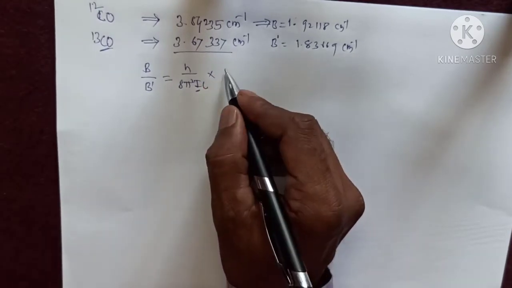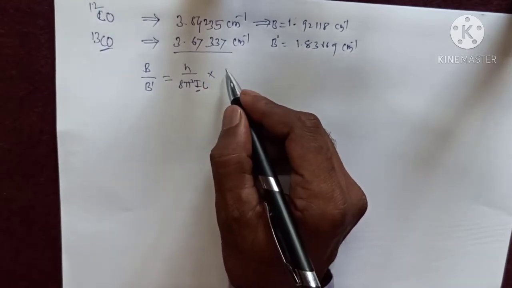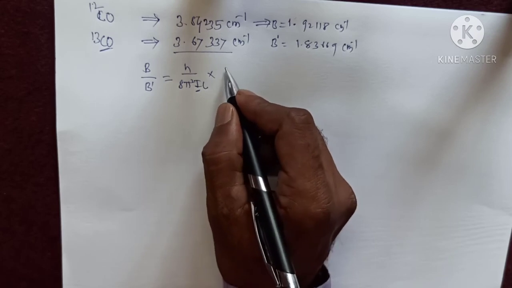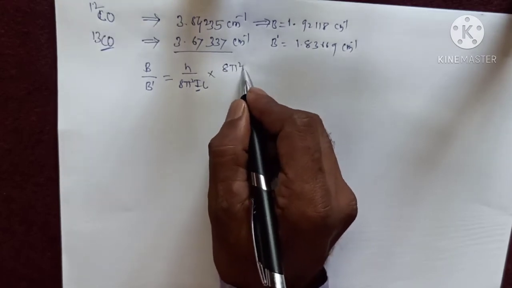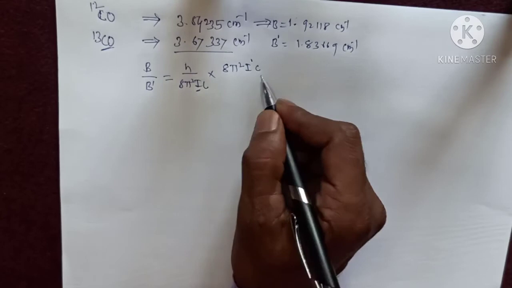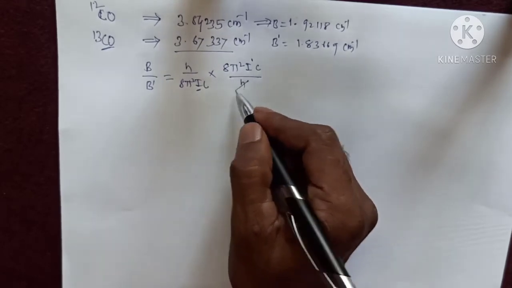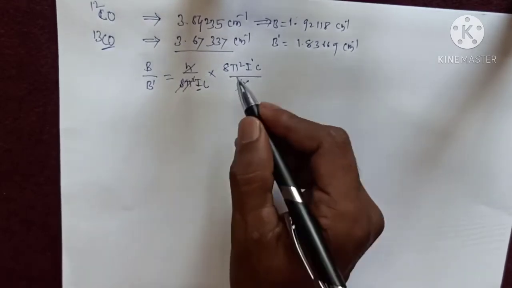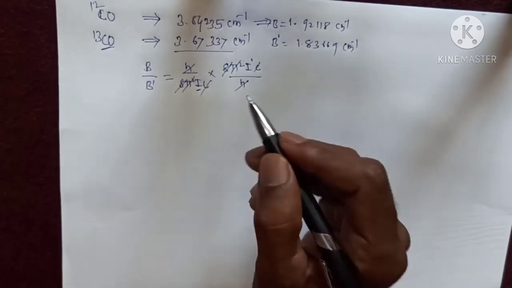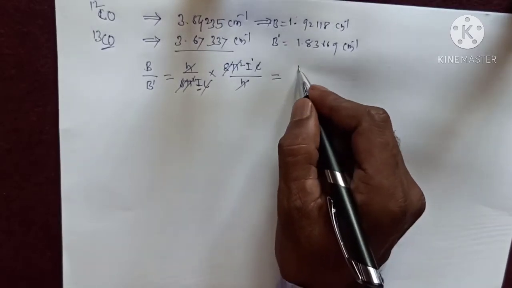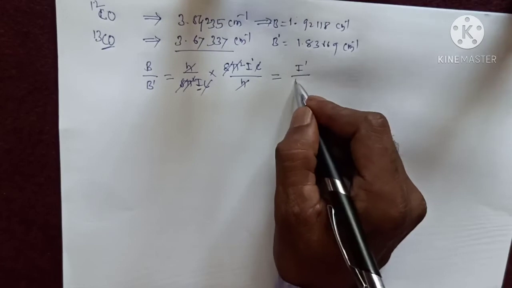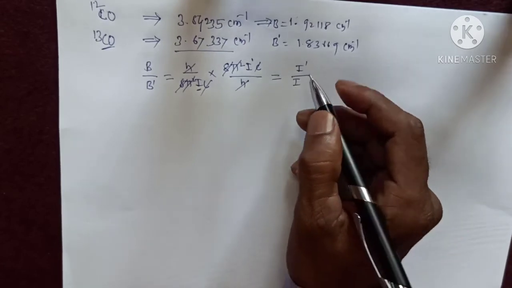So I will reverse the numerator and denominator, and what we get is 8 pi square I dash C divided by h. All the common values, 8 pi square C, will be cancelled, and the ratio we are getting is I dash divided by I.